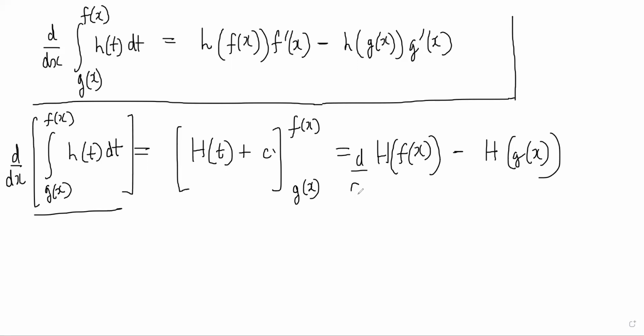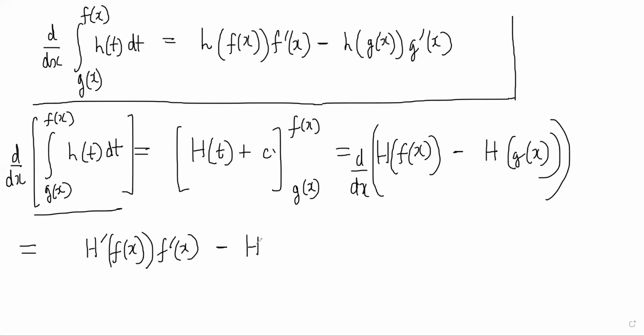What is the derivative of this? First, you have to write it as capital H dash of f of x into f dash x minus capital H dash of g of x, g dash x. What is H dash of something? Capital H of t was the indefinite integral, so H dash t is small h t.